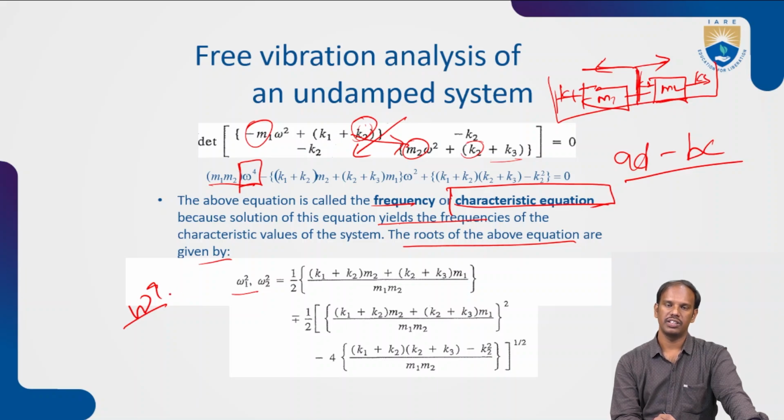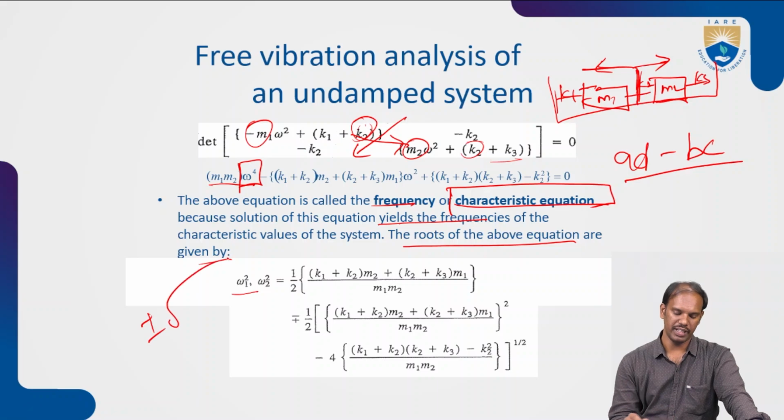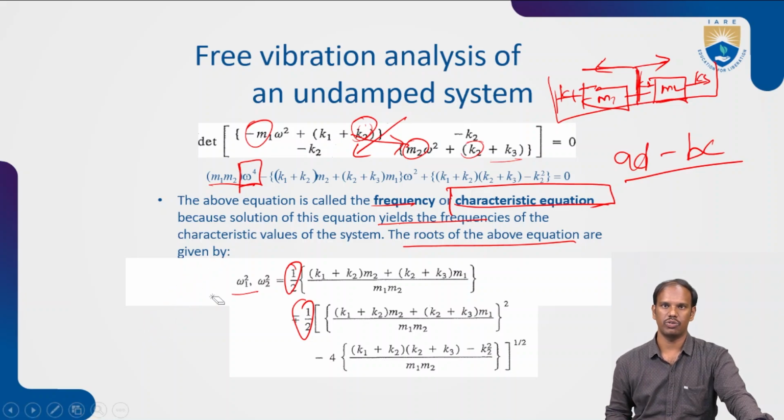So we have minus b plus or minus the square root of b square minus 4ac, all over 2a. This is the roots equation.